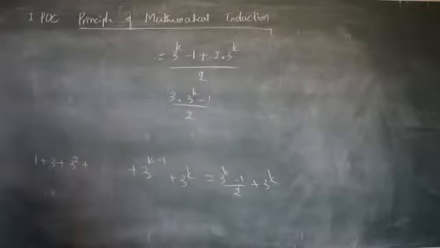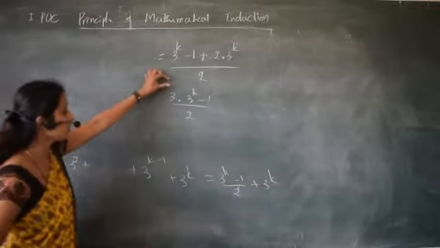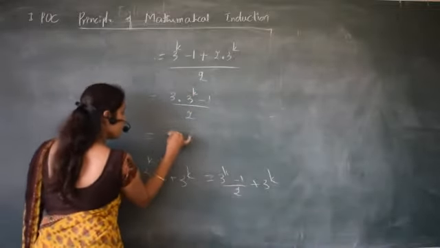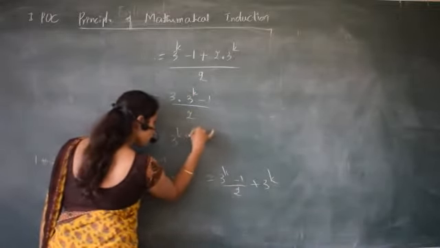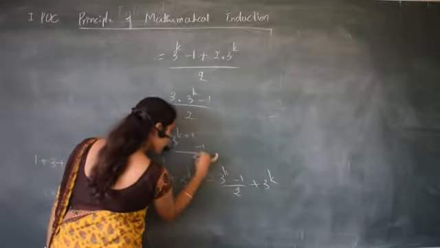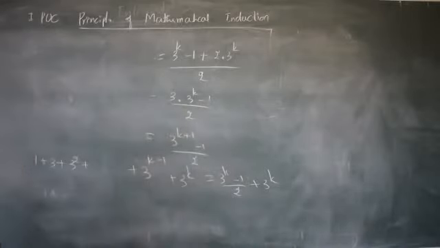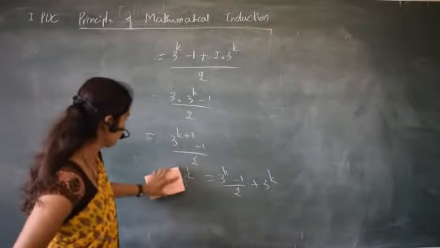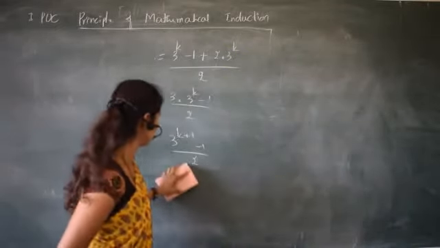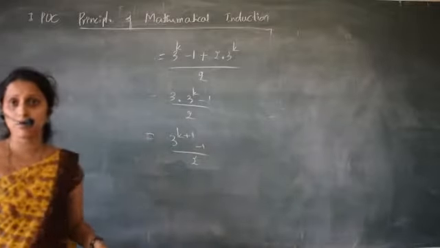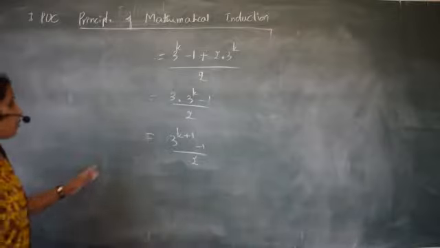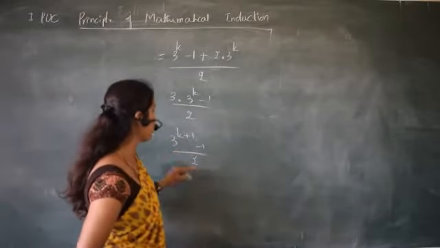So 3 times 3 power k means 3 can be written as 3 power 1 and 3 power k. So totally that will be 3 power k plus 1 minus 1 divided by 2. 3 times 3 power k means 3 into 3 power k, that means 3 power 1 plus k is 3 power k plus 1, minus 1 by 2.